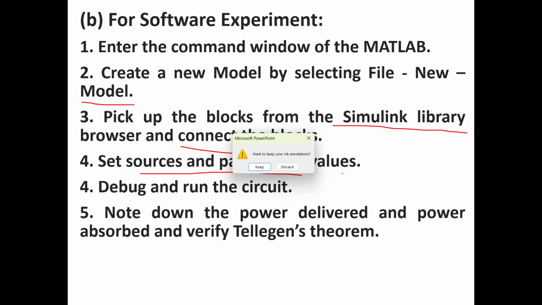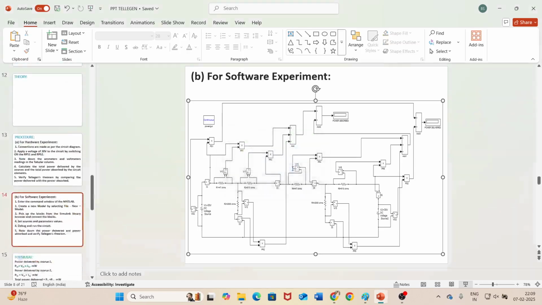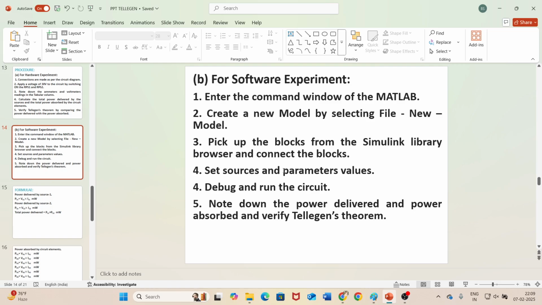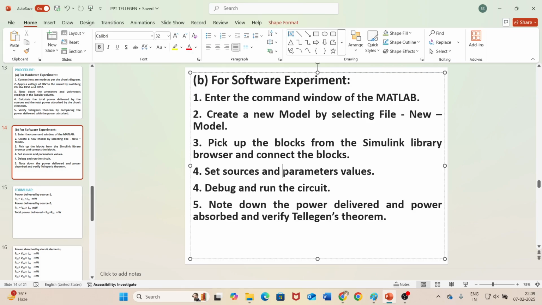So for the software experiment, I can say sources as well as parameter means resistive elements. Instead of parameters I can write, I have written here parameters, you can write passive elements. So I can mention there as passive elements.